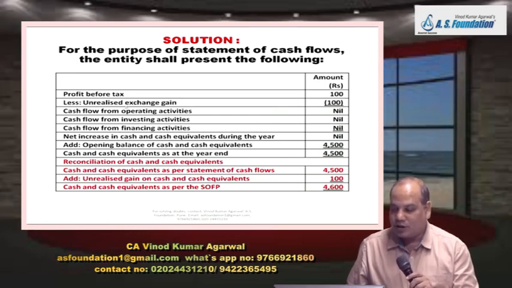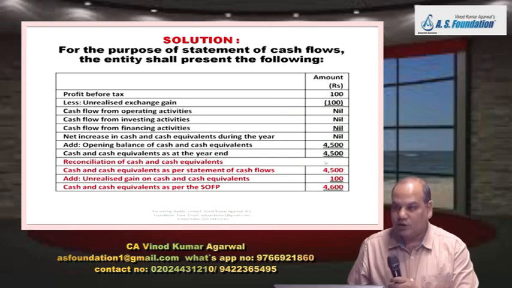This is a gain credited to P&L account, so less 100, nil, total, investing nil, financing nil, change nil, opening cash and cash equivalent 4,500. Total as per cash flow statement closing balance 4,500. But this figure will not match with your SOFP.